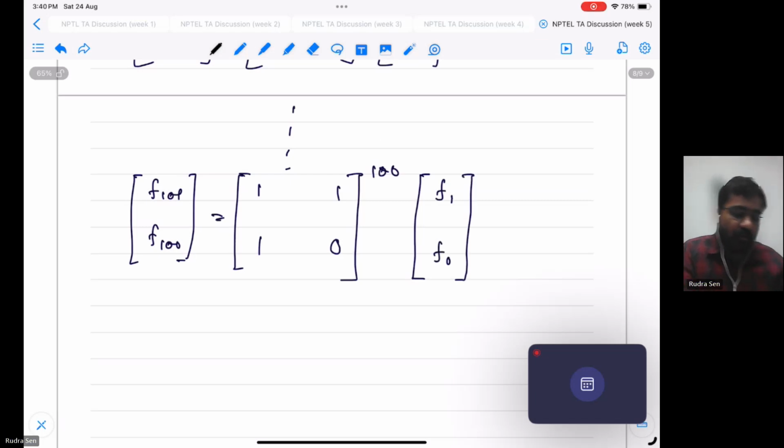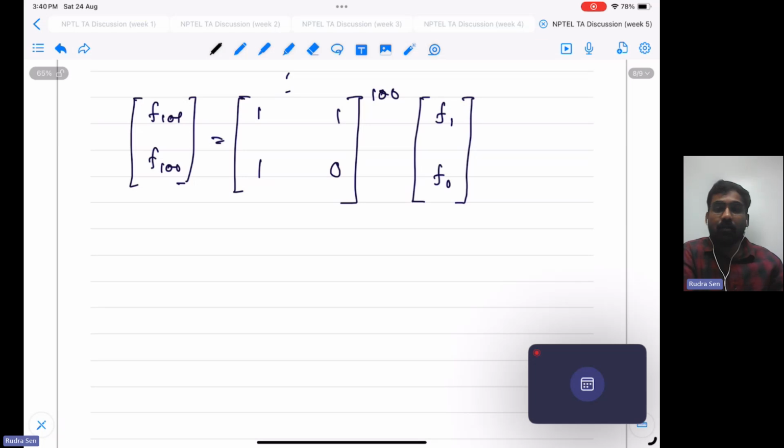Once you find this term, you multiply it with f1 and f0, because you know their values, and you will get f101 and f100. But the problem is you have to multiply this matrix A with itself 100 times, which is very difficult work.